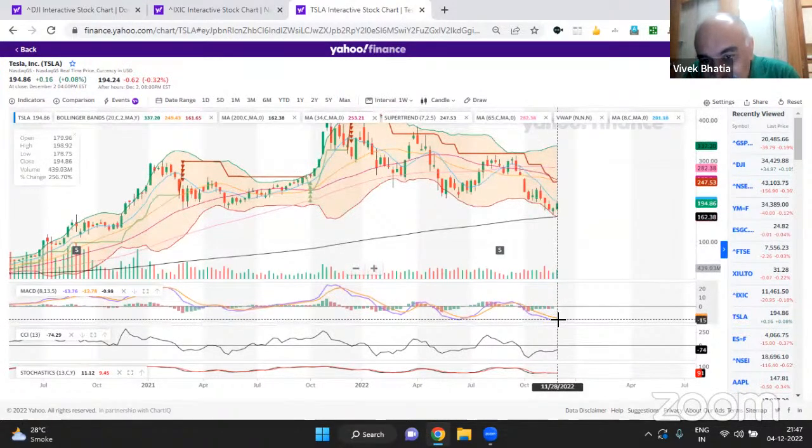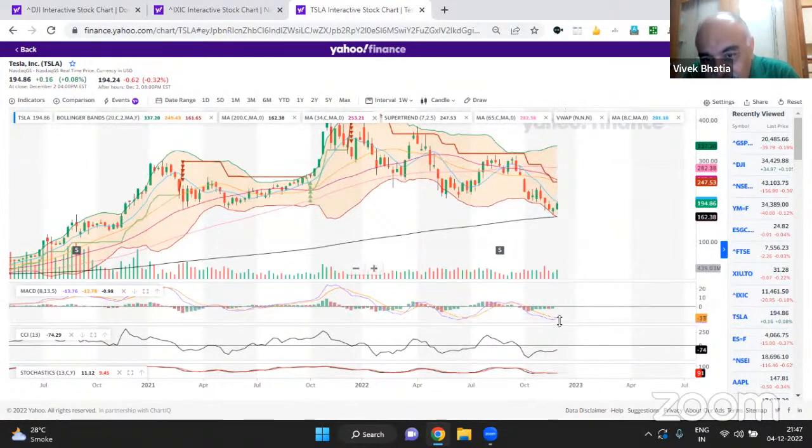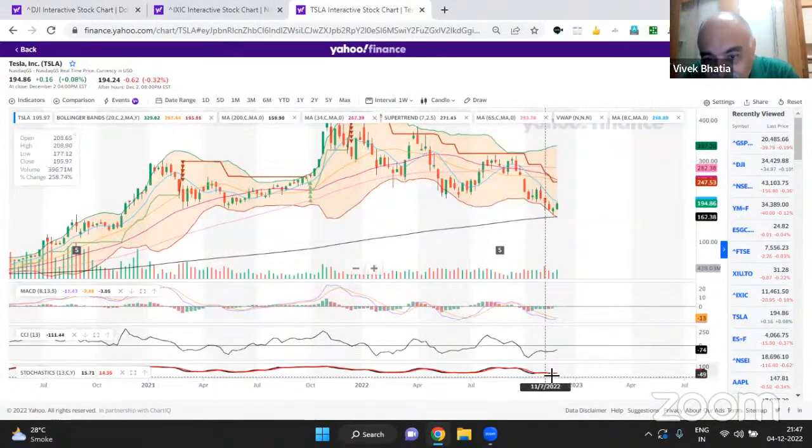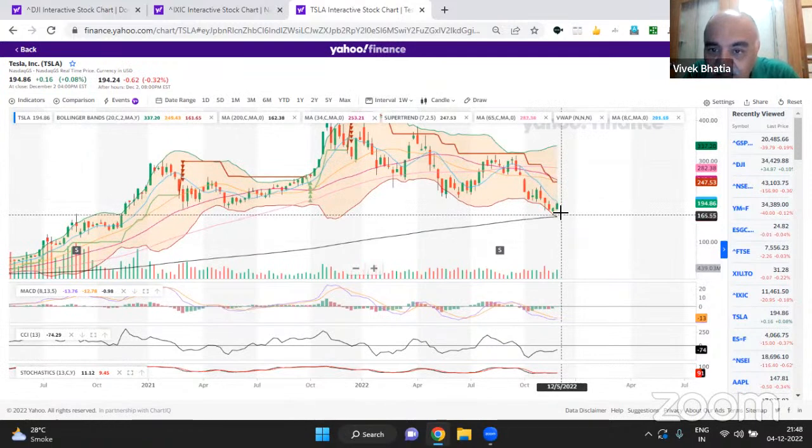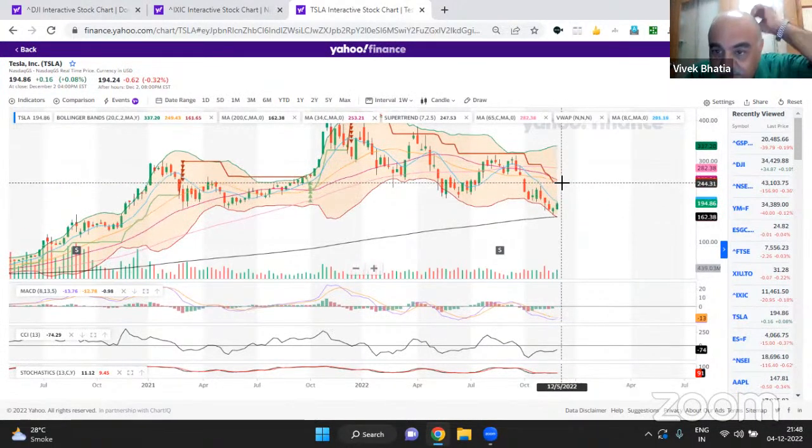MACD lines on the verge of a crossing over. CCI has started moving up. Stochastic has given you a positive crossover already. So weekly chart is going to make it move towards the support trend level at 244.